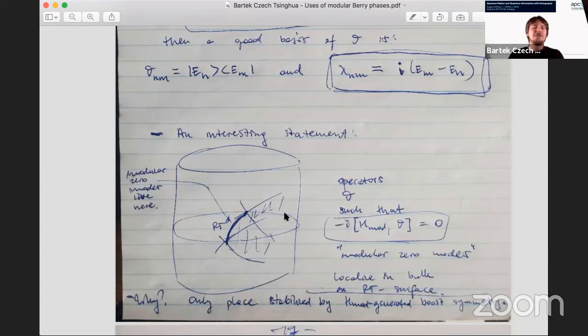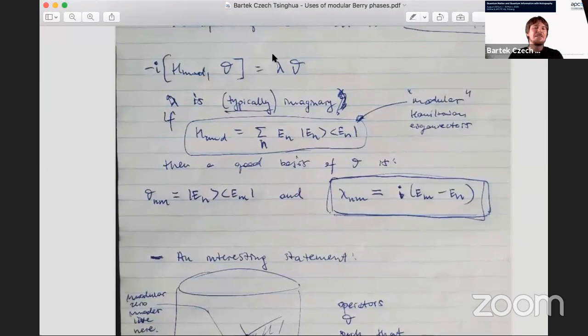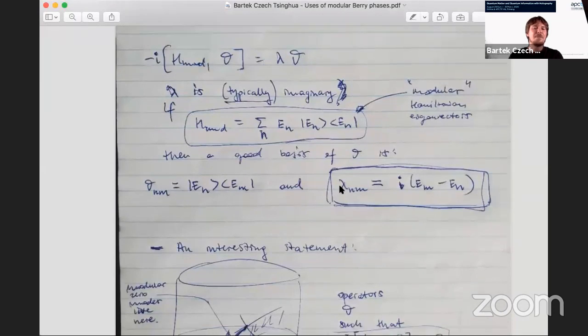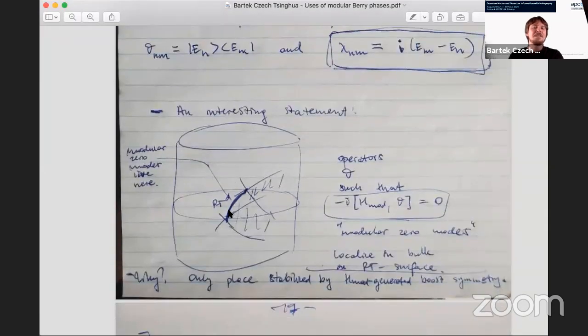In other words, when we do this entanglement wedge decomposition, we may want to rewrite an operator inside in the language of operators that live in the CFT. How would we find which operators live where? Well, one statement that is very easy to state is that if I find operators that commute with the modular Hamiltonian, they are zero. We call them modular zero modes because they have a zero eigenvalue in this equation here. Then those operators are the only ones that have a chance of localizing on the RT surface.